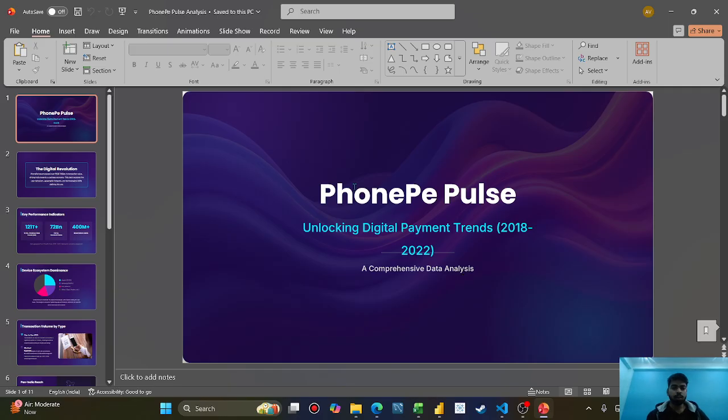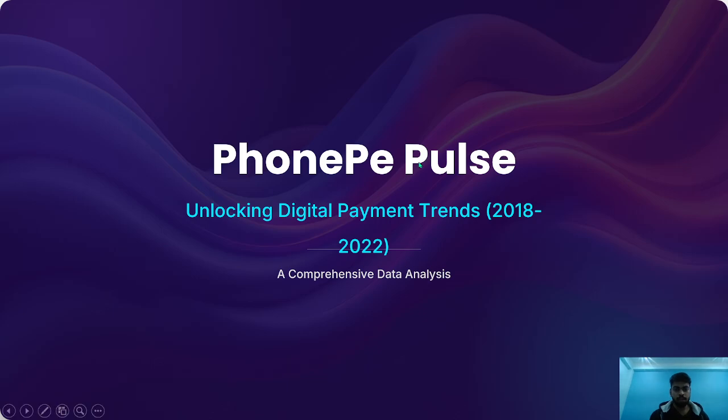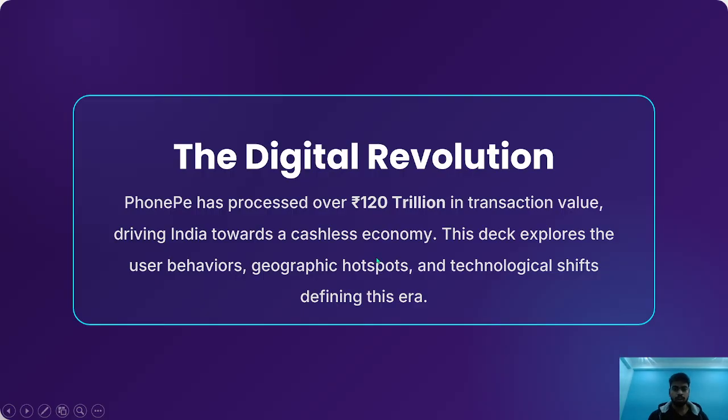So this is our complete report. This is PhonePe Pulse, unlocking digital payment trends from 2018 to 2022. The digital revolution: PhonePe has processed over 120 trillion in transaction value, driving India towards a cashless economy.